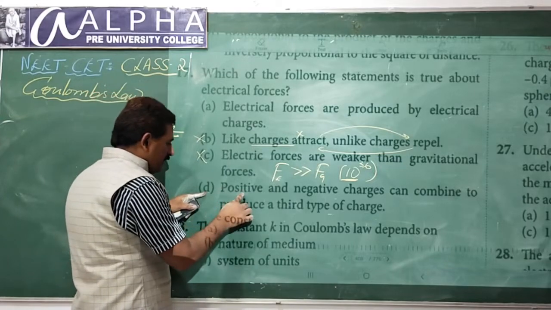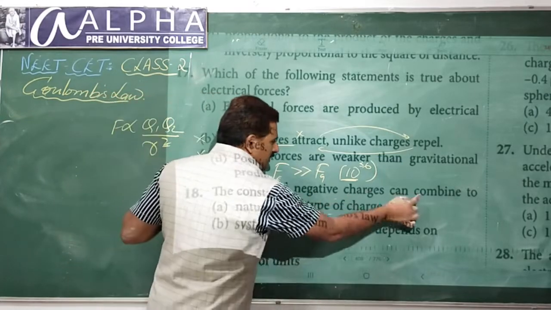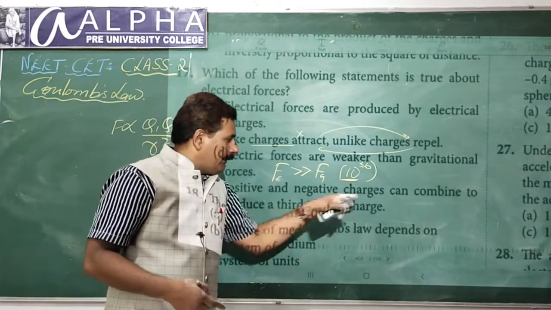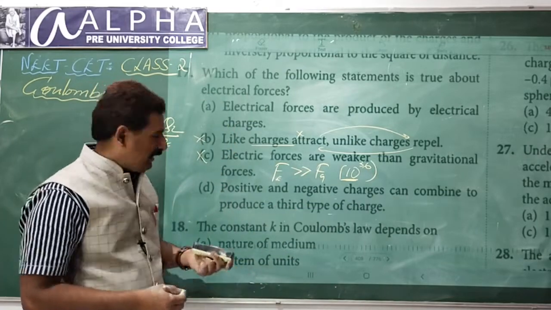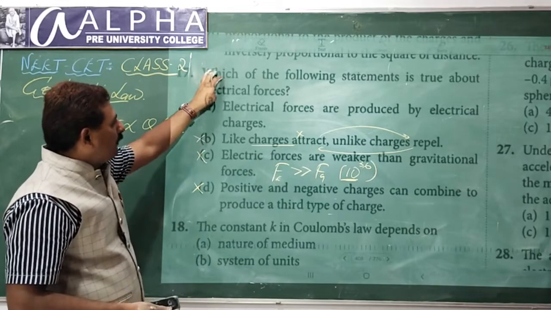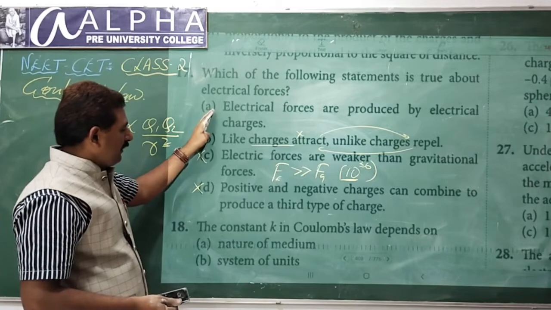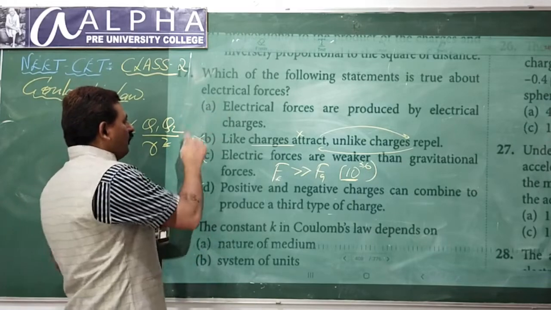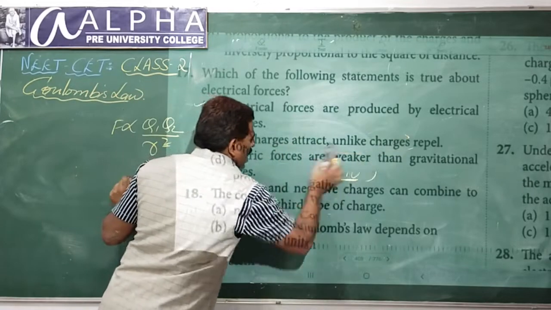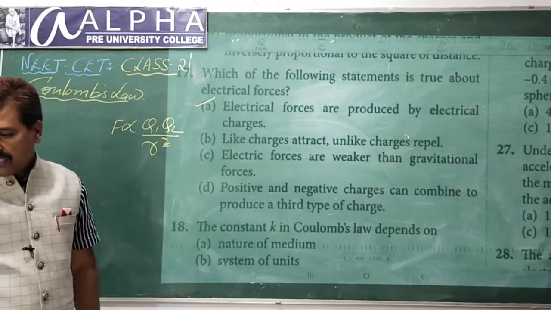The option D, last one: positive and negative charges can combine to produce third type of charges. No, you did not learn like that. So option A is most appropriate and correct one. You will go for option A, right? Very simple. Now I'll come to the next question, that is question 18.